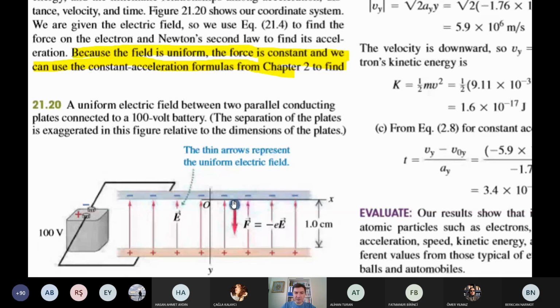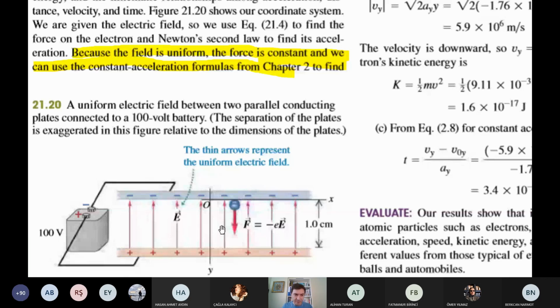And here you see an electron in blue. There is an electric field within these parallel plates, and the direction of the electric field is from positive to negative. Let me draw this one.